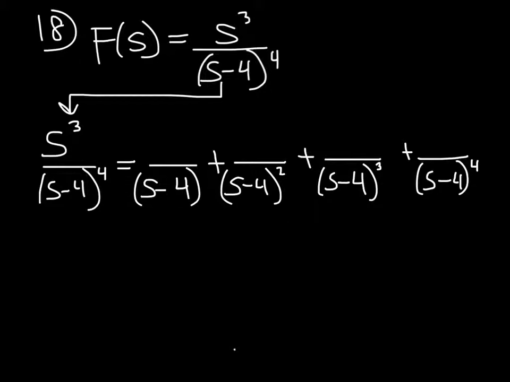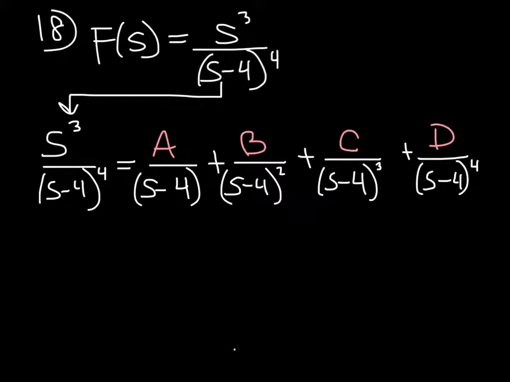I just want to be consistent with the book. So the goal is to find our coefficients. You can call them A1 through A4, or we've just been using A, B, C, and D. So we want to determine these coefficients.